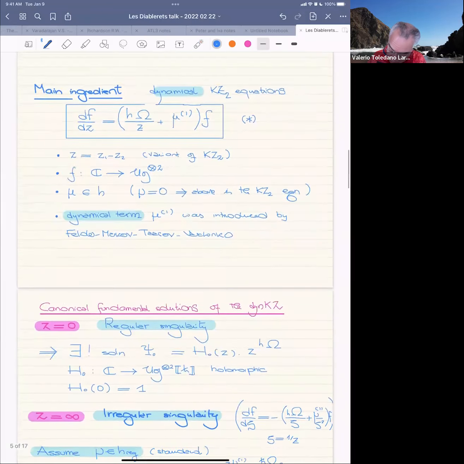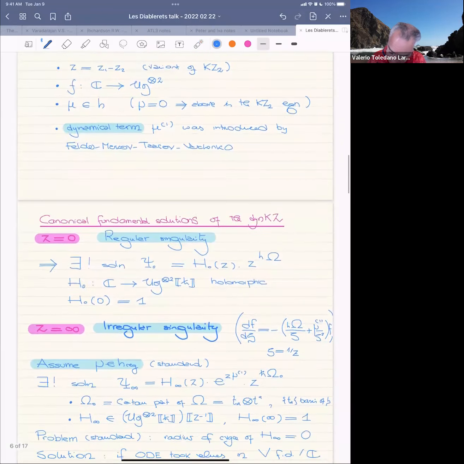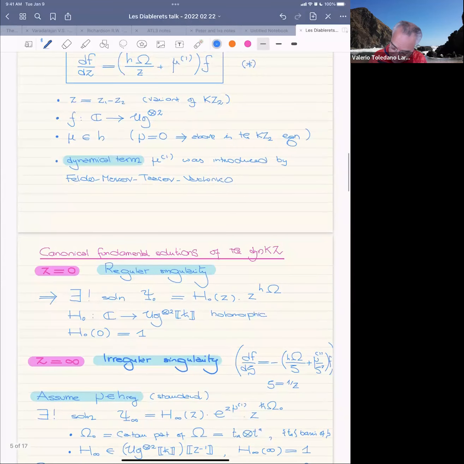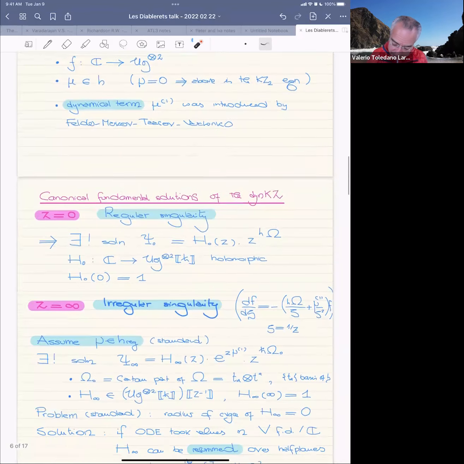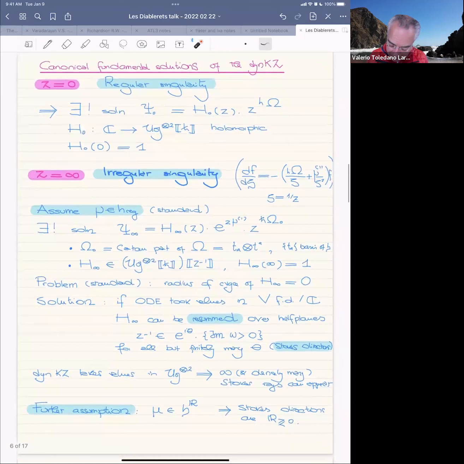Now we go to z equal to infinity, and there this term mu1 introduces an irregular singularity. You might first think that this makes life much more complicated, and in fact it does technically, but conceptually it makes it much simpler, because I'm going to assume that mu is a regular element in the Cartan, which is a standard assumption in these kinds of differential equations.